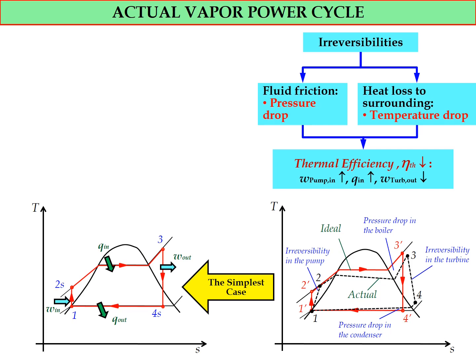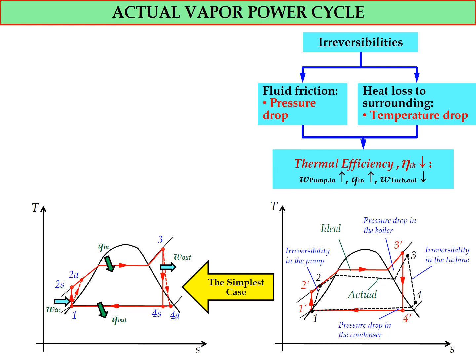Okay, so for the simplest case of the actual Rankine cycle, the pressure during the heat addition process and also the heat rejection process is still constant. Now the difference is that we will have an increase of W in at the pump for the actual compression, and the outlet condition for the actual cycle is state 2a.